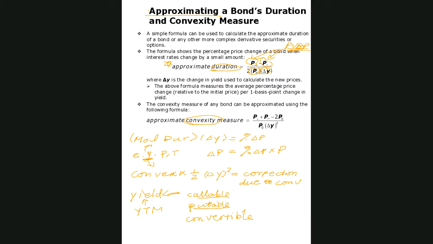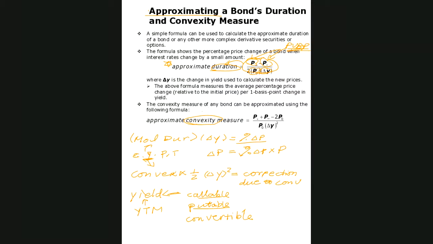And once we get the approximate duration and convexity, we can further approximate the percentage change in the price for other possible price points. The point is not that I do the price change, then go from price change to duration and from duration back to price change. That's like a loop, back and forth. What's the point?